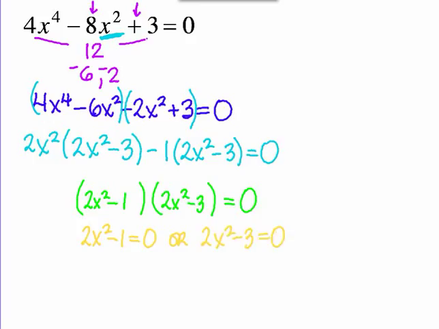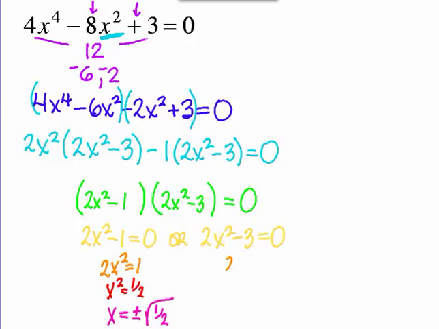So I've got to solve them both. 2x squared equals 1. So what does x squared equal? 1/2. Good. So x equals plus or minus root 1/2. I always forget. Gotta have the plus or minus. That'll even catch you up on the ACT too.